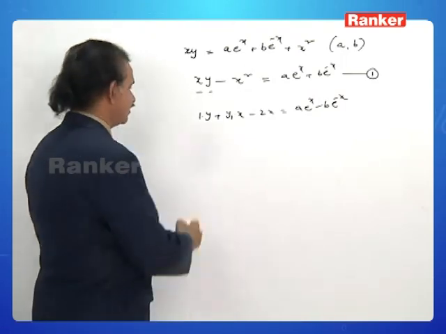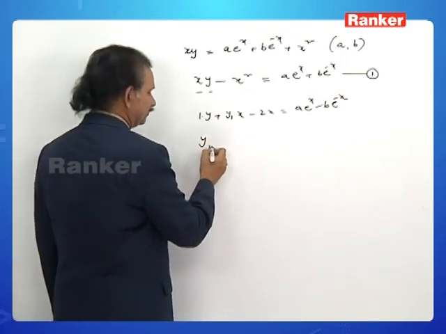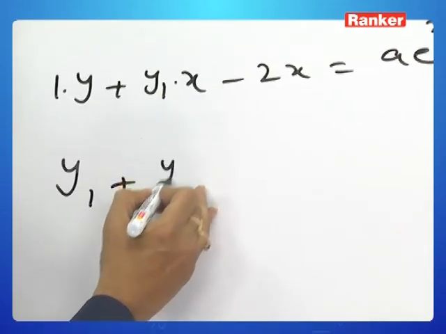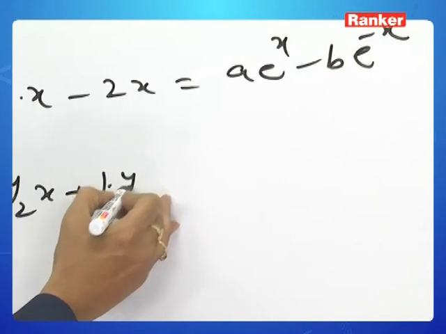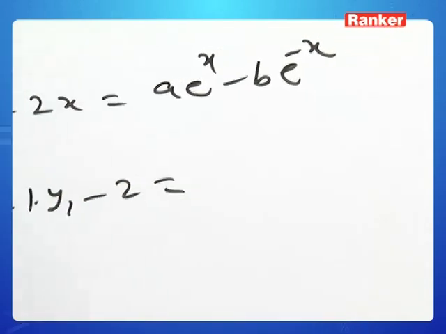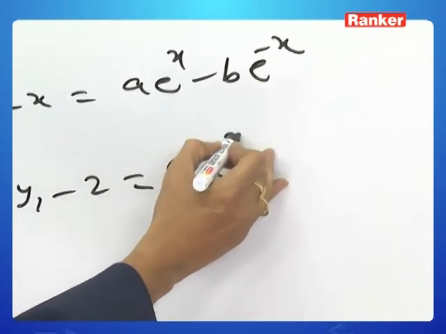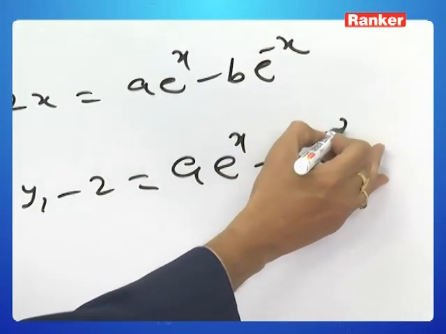Again differentiate it. y into y1, y2 into x plus 1 into y1, minus 2 is equal to a into e power x plus b into e power minus x.